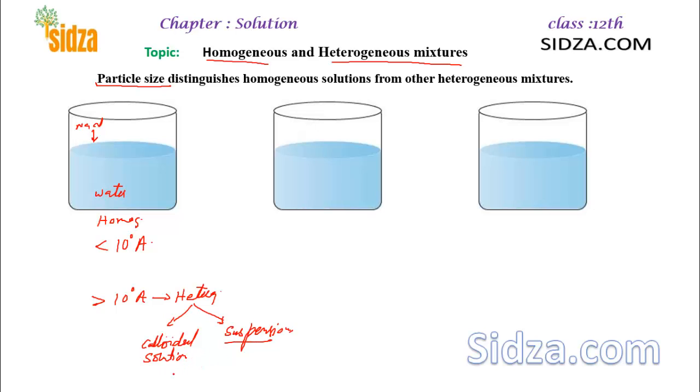In a colloidal mixture, the particle size is between 10 to 1000 angstroms.